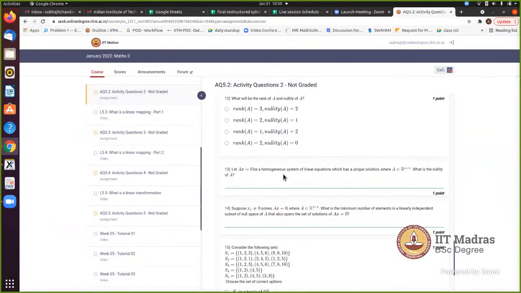Because unique solution means 0 must be a solution anyway, so there cannot be any other solution. So 0 is the only solution and that is in the null space. So the nullity is 0. Is it clear to everyone? Yes, sir. Great.